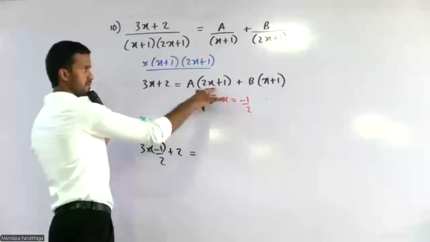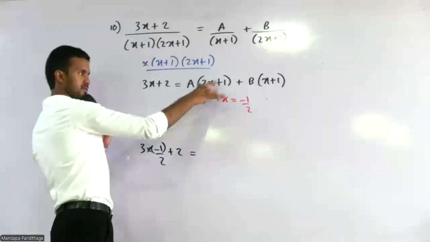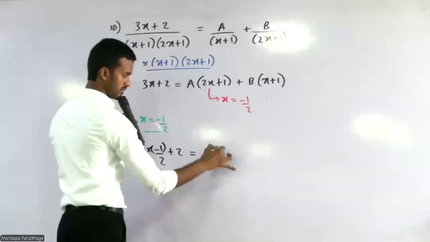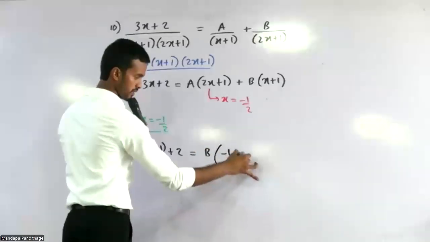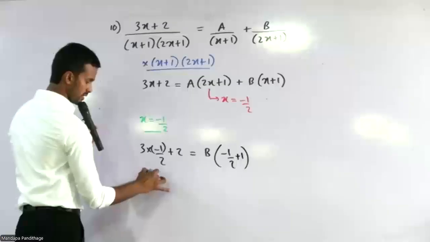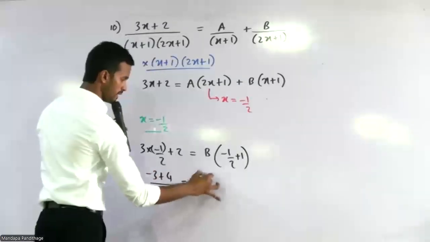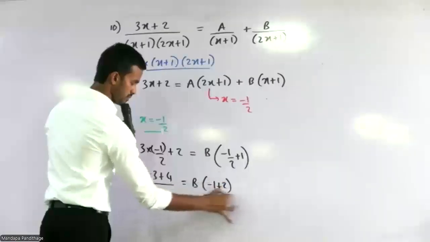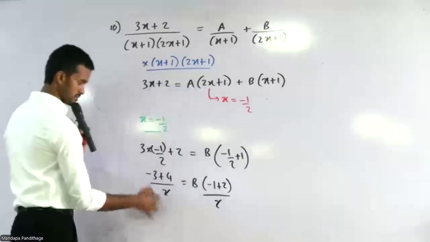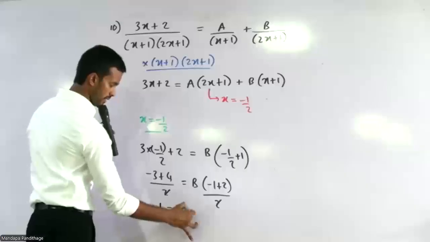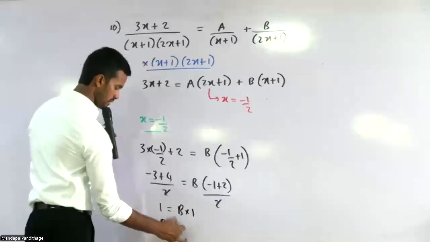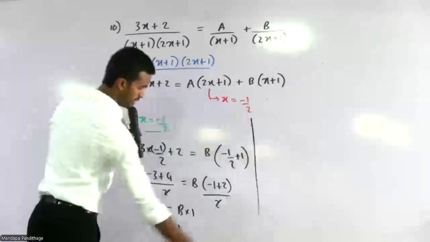You don't have to write this one, just keep it that way. It's 0 minus half plus 1. If you take 2 as the common denominator, -3 plus 4 divided by 2, and even here -1 plus 2 divided by 2. So 2 cancel off. It's 1, and even here it's 1. So simply you get b is equal to 1.